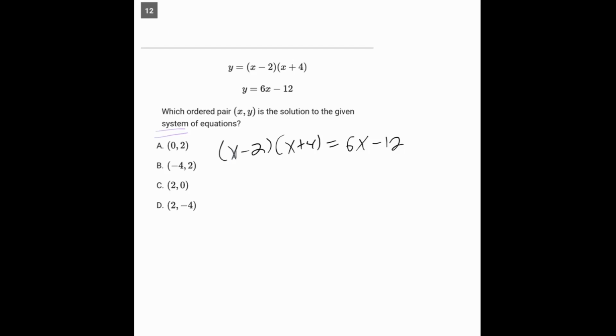We can FOIL out. We can do first times first, which is x squared, outer times outer, which is 4x, inner times inner, which is negative 2x, and last times last, which is negative 8.